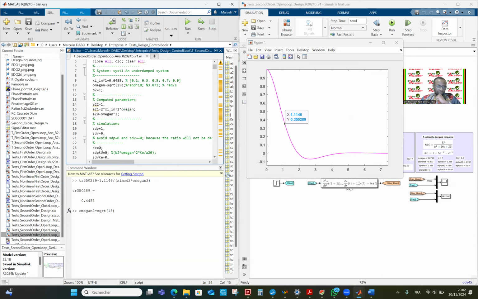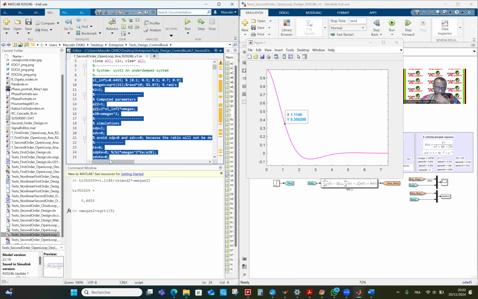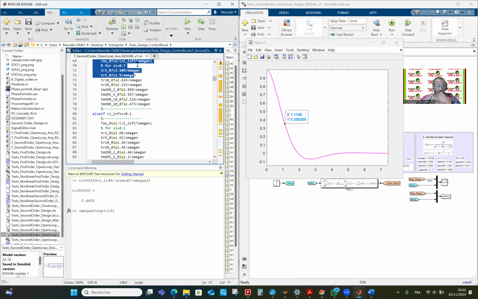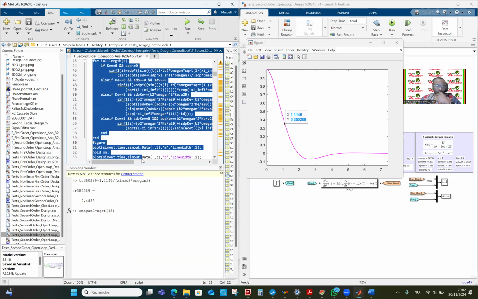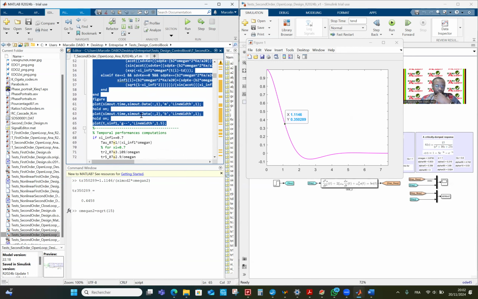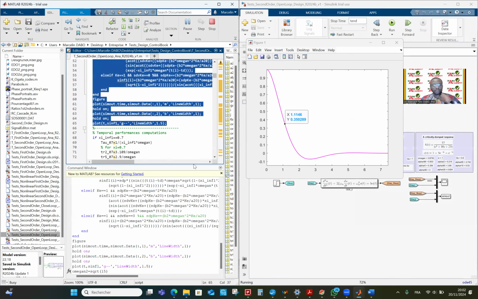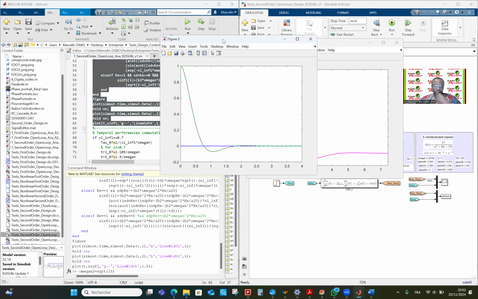And here I will be having an autonomous response of my system. Let's go, and then we are going to plot very soon a new figure, evaluate. This is what we have.